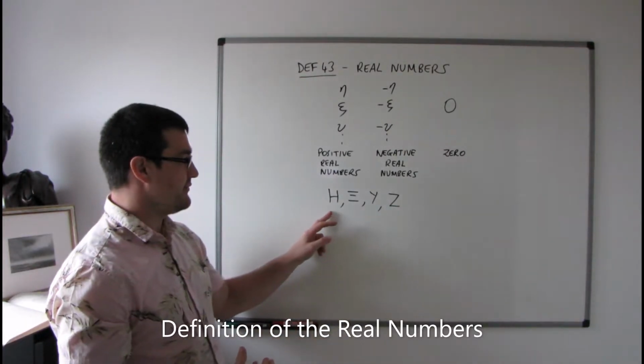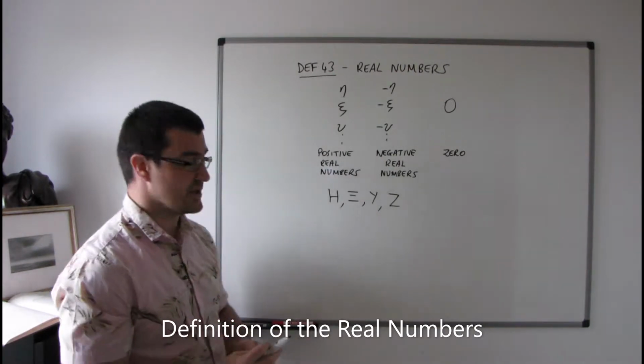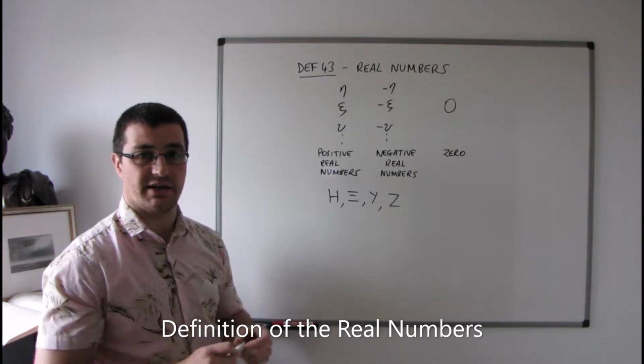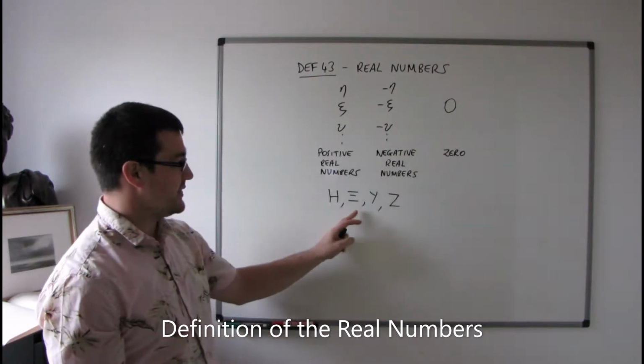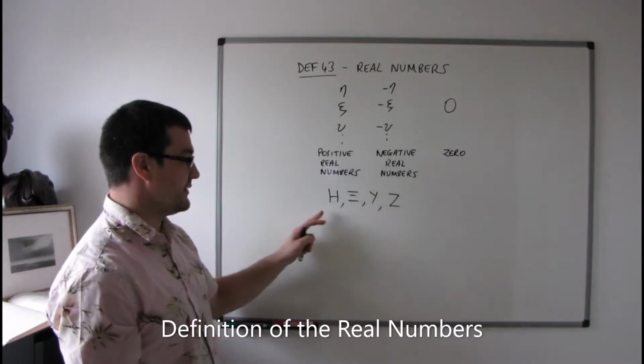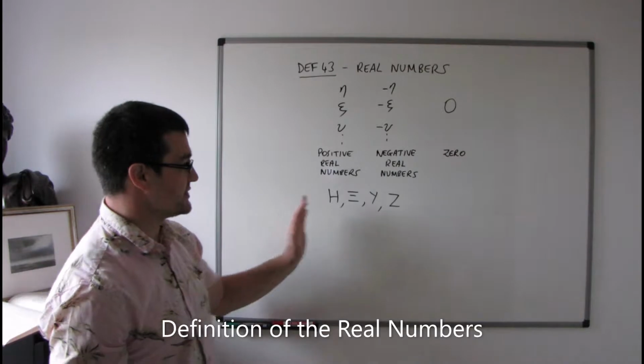Sometimes we will refer to real numbers using these symbols. So if we don't necessarily want to specify whether a real number is positive or negative or 0, then we might refer to it as one or the other of these symbols, possibly other symbols as well.